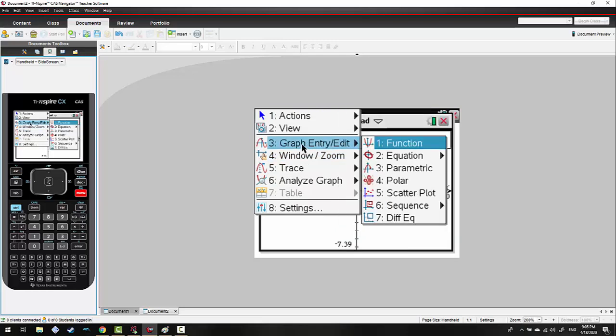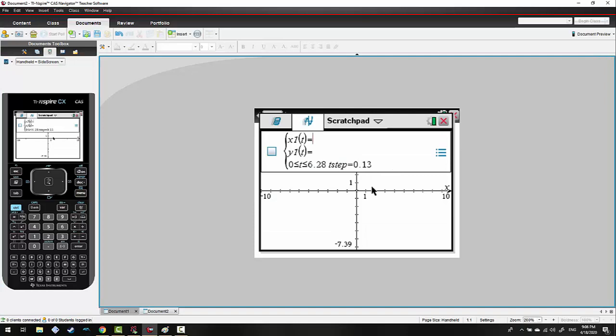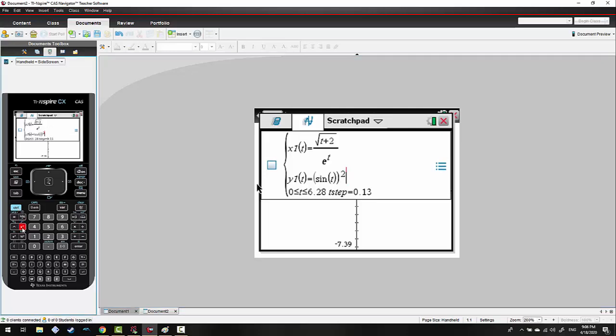So I'll throw down option 3 in my menu, which goes to parametric. And then for x1, I'll enter it like this, and after some finagling, it should look like this when you enter it in.